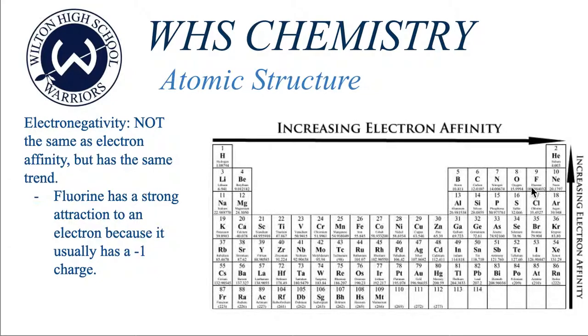Electronegativity is the ability for an element to attract an electron. Fluorine has the highest electronegativity because it has a very strong attraction to an electron, because it usually has a -1 charge. And that's similar to all of these halogens.